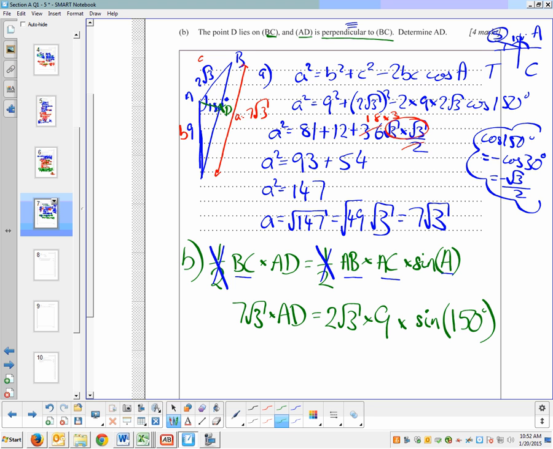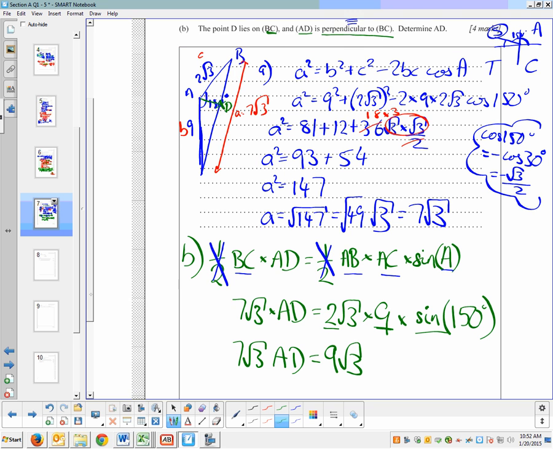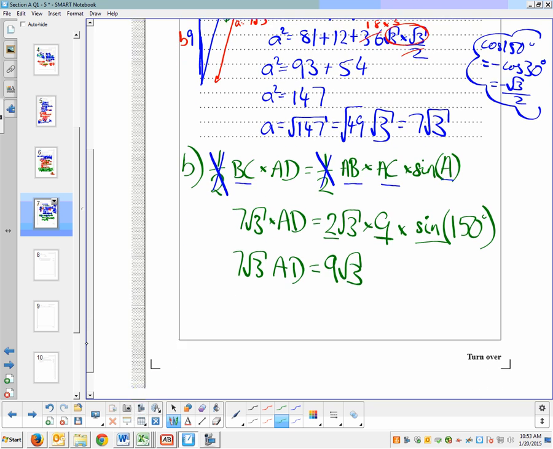So I've got 7 root 3 AD equals 18 times a half, 9 root 3. Just see the root 3's cancel, and we're left with AD is 9/7. So that is that. Those two parts to that question.